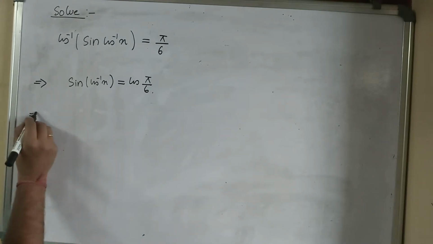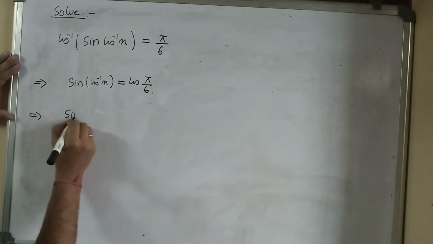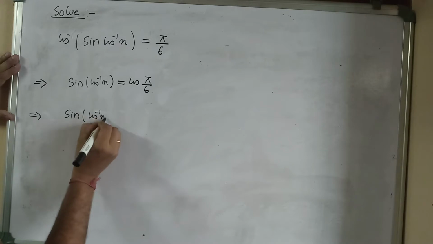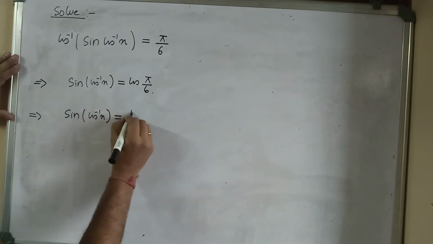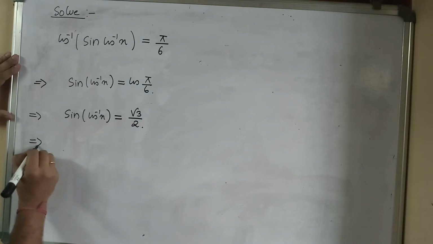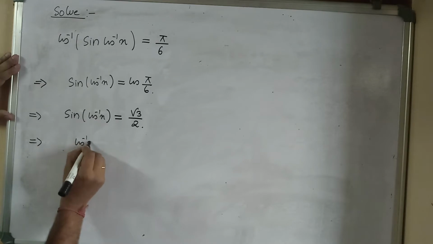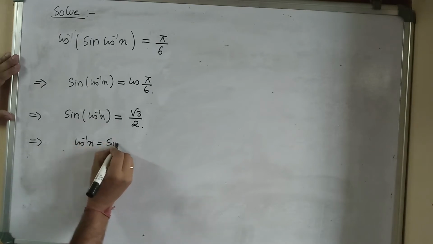Pi by 6 means 30 degree, so cos 30 degree. Now I'll substitute the value of cos 30 degree, it is root 3 upon 2. Now again I'll bring this sine from the left hand side to the right hand side, it will be a sine inverse.